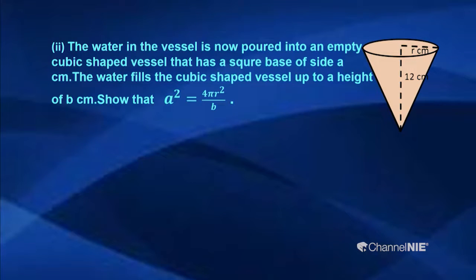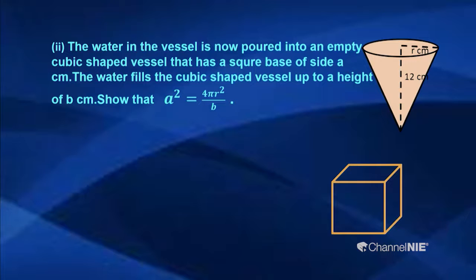Then you can see that cone, that is a glass. Now look at here, that is the cuboid. After we pour that water amount into this cube, it goes up to b centimeter, right.